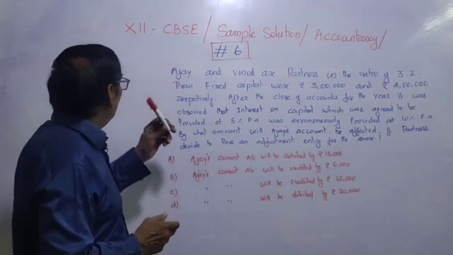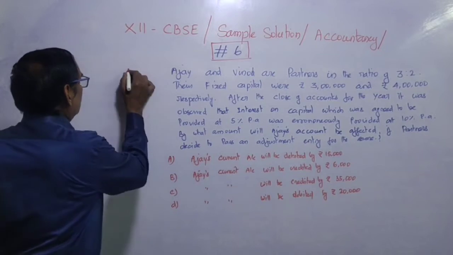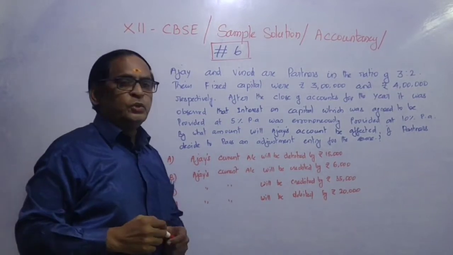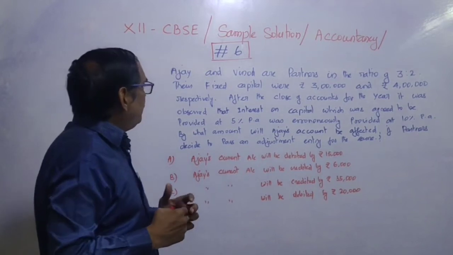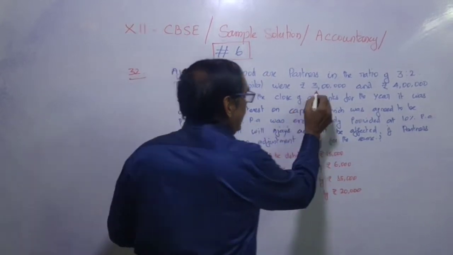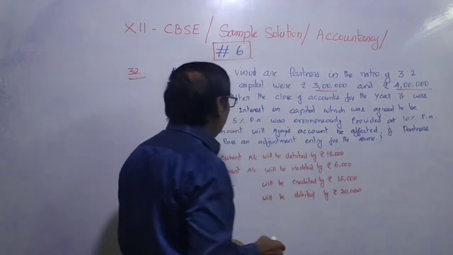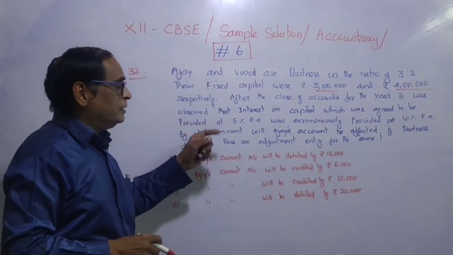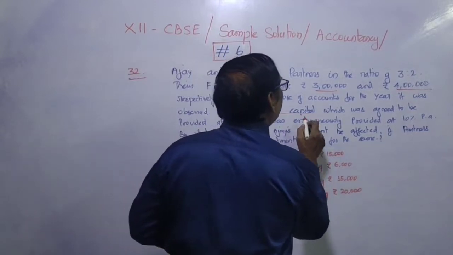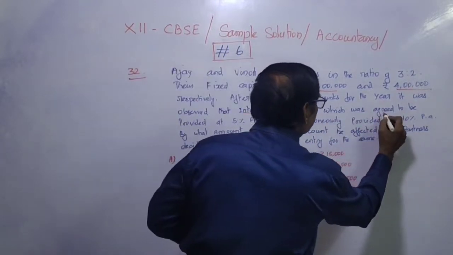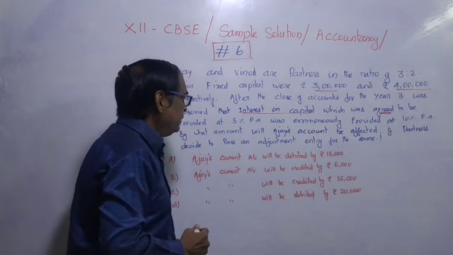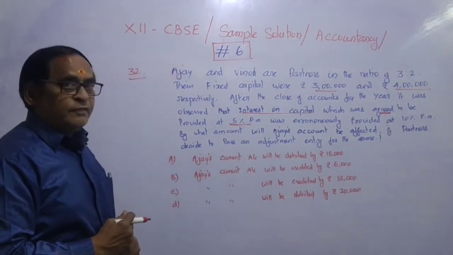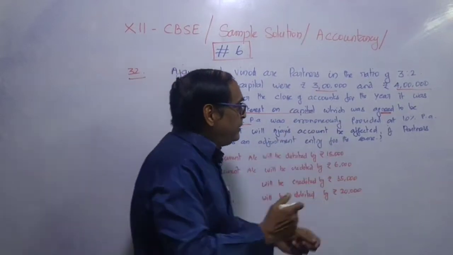Question number 32. Ajay and Vinod are partners in the ratio 3:2. Their fixed capitals were 3 lakhs and 4 lakhs respectively. After the close of the accounts for the year, it was observed that interest on capital, which was agreed at only 5%, was by mistake erroneously provided at 10%.